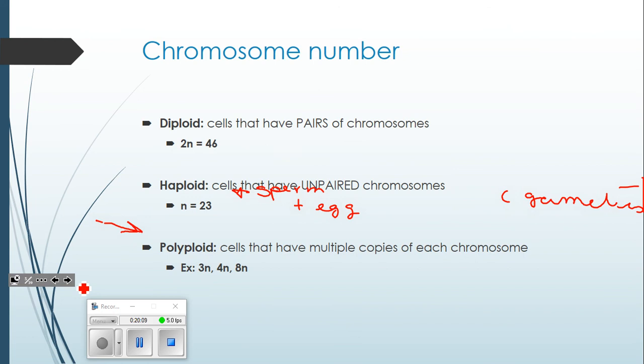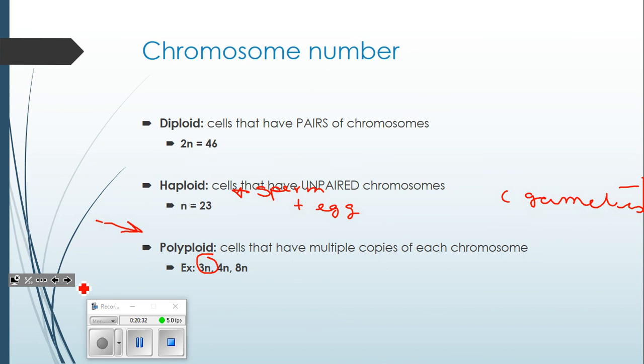For example, sometimes cells will be 3N. That means instead of having pairs of chromosomes, they have groups of 3. Now, there are no human cells that naturally exist that way typically, but there are some organisms where we might artificially induce this.